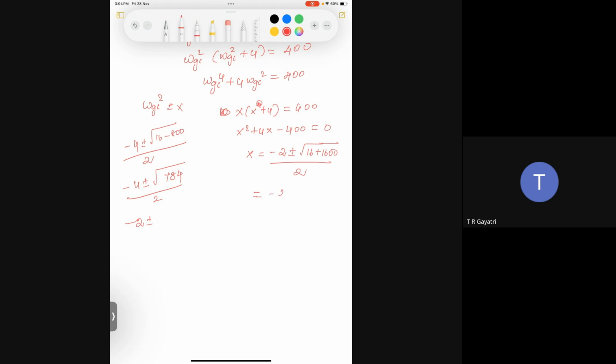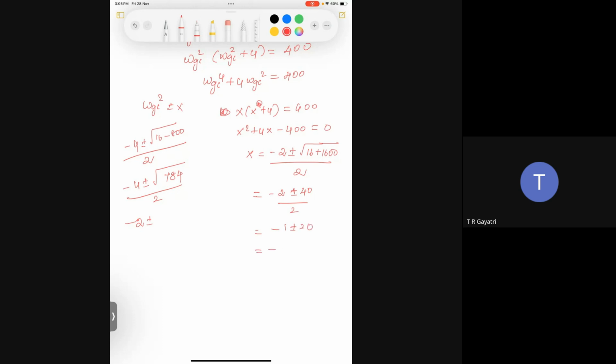The square root of 16 plus 1600 is around 40, divided by 2, so minus 2 plus or minus 20.